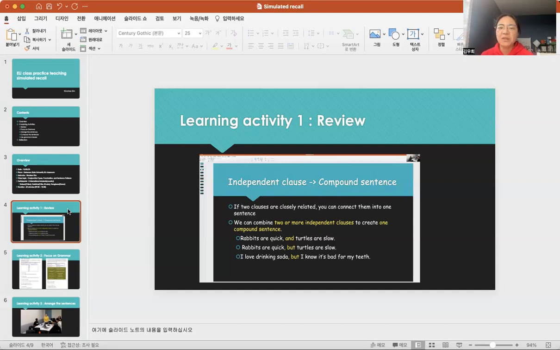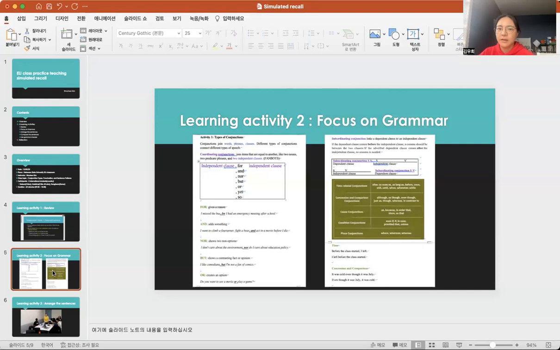So I started by reviewing their grammatical knowledge to have a smooth class, and I continued to focus more on grammatical terms and grammatical patterns to have a closer look at sentence patterns.